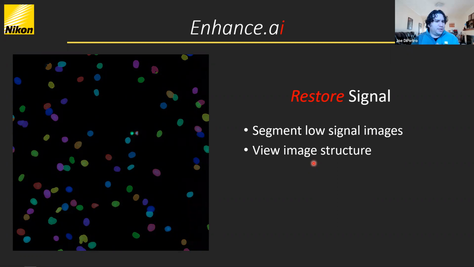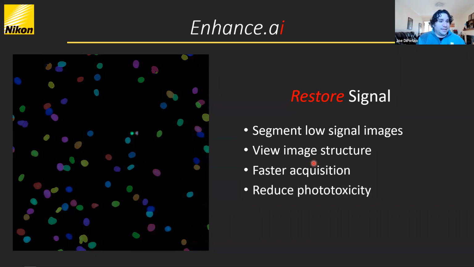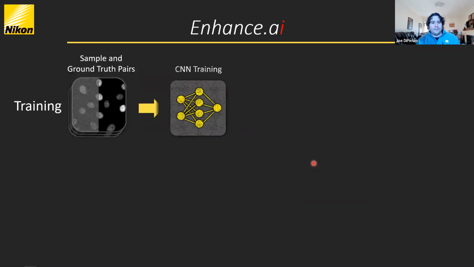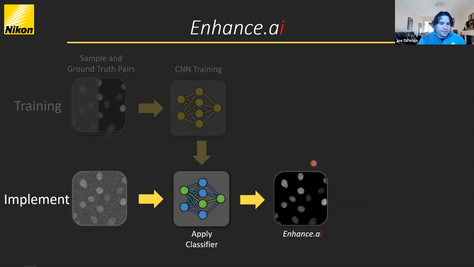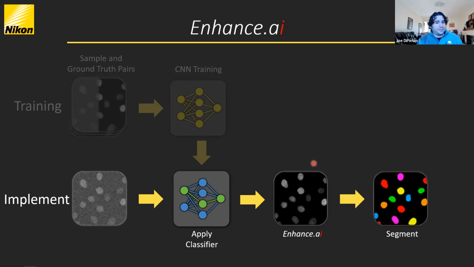But you do it just on a few examples so that you can train the network. Then you can do all your experiments with the fast parameters and get an image that allows you to segment as easily as you would on a sample with high signal to noise. This would be the training and the implementation. So you train it on your ground truth pairs, and then you can put in a crappy, low signal to noise image and get something that you can then segment more easily.